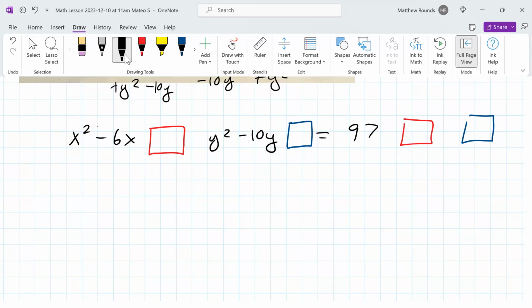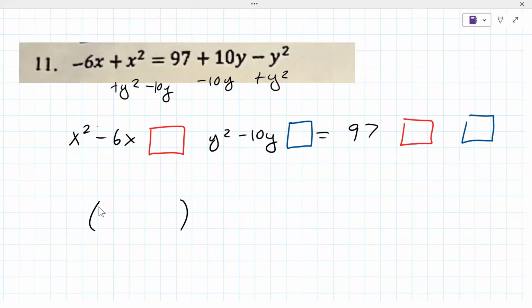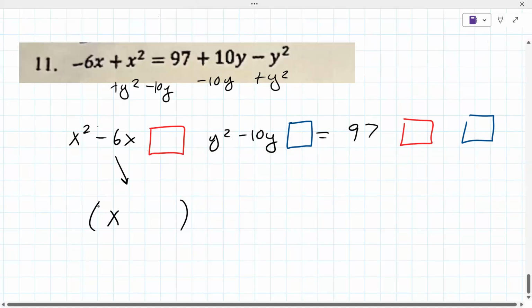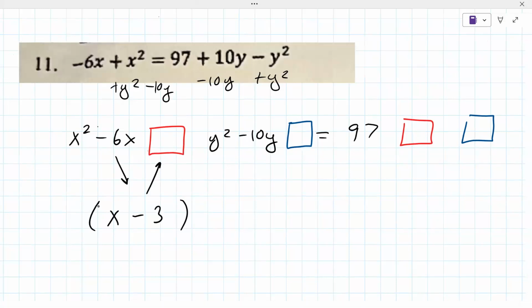It would be x plus 3 squared. It's minus 6 though, so minus 3, and then you square it to go back, 9. Plus 9, plus 9. It would be y minus 5 squared. Mm-hmm. Okay. And then we get 25.